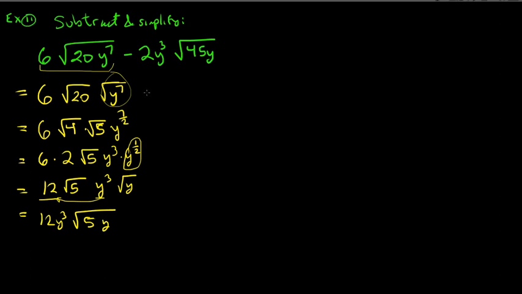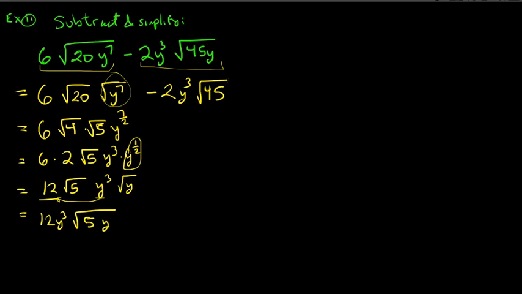Now we got to do it all over again with the second term. We have to simplify all this now. Yeah, so the 2y cubed, that stays in front. That's as simple as it gets. But we also have the square root of 45 times the square root of y. In other words, we can split these up.